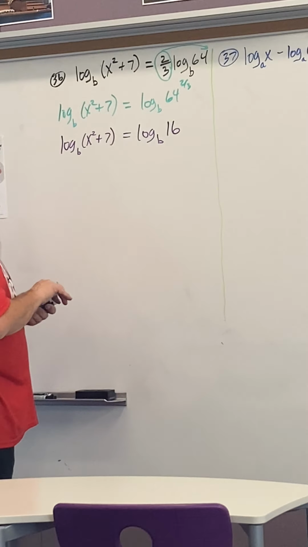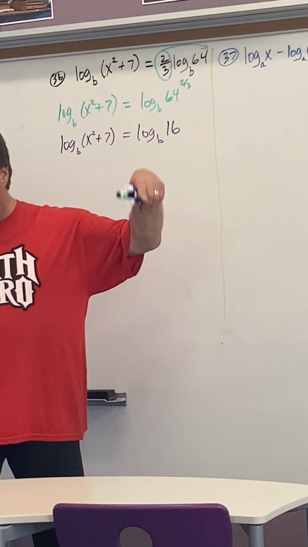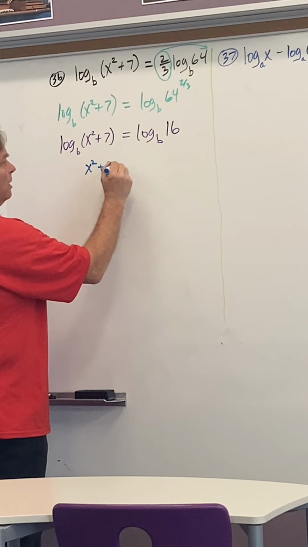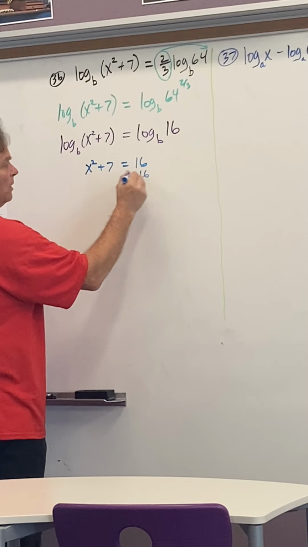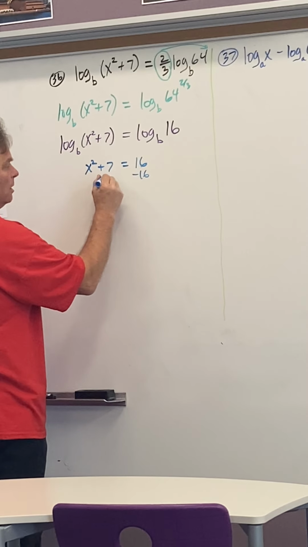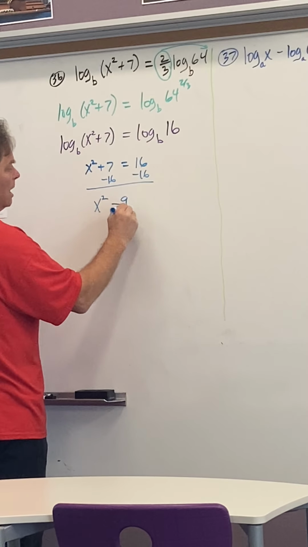Now I've got logs on both sides, so drop the logs. What do I get? x squared plus 7 equals 16. I subtract 16 from both sides and get x squared minus 9 equals 0.